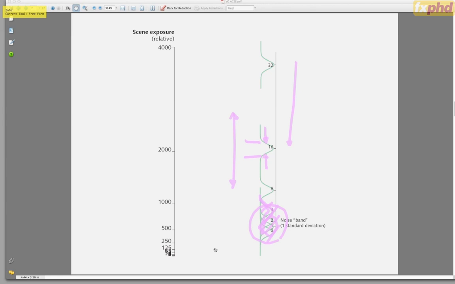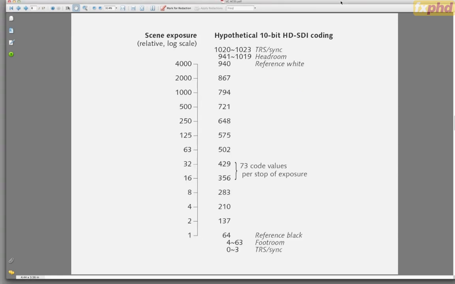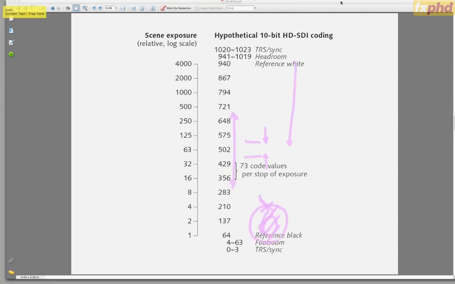Now, if you take that diagram and squish it and stretch it into a log scale, just like we had from 1 to 1,000 a moment ago. But now I'm going to show you a realistic mapping of a pure log scale into 10-bit HD-SDI from a camera, which then might be recorded on a Codex or recorded on an SSD. Now, this is a hypothetical example.